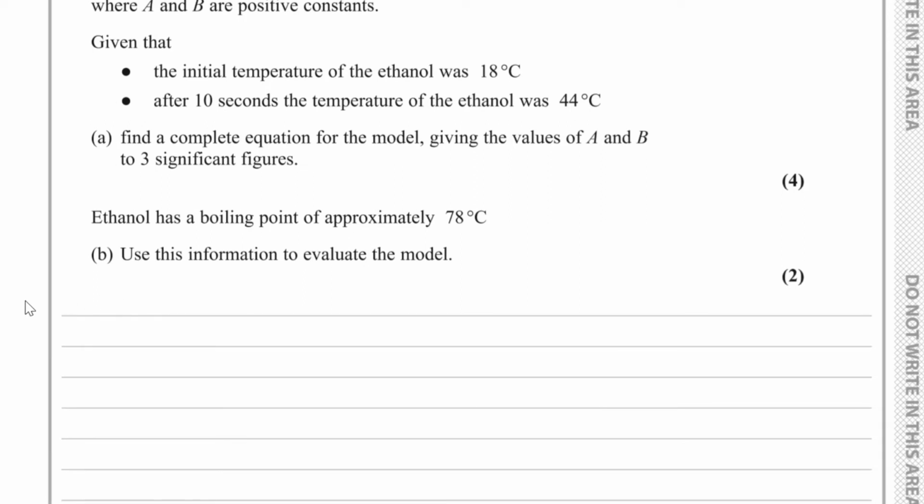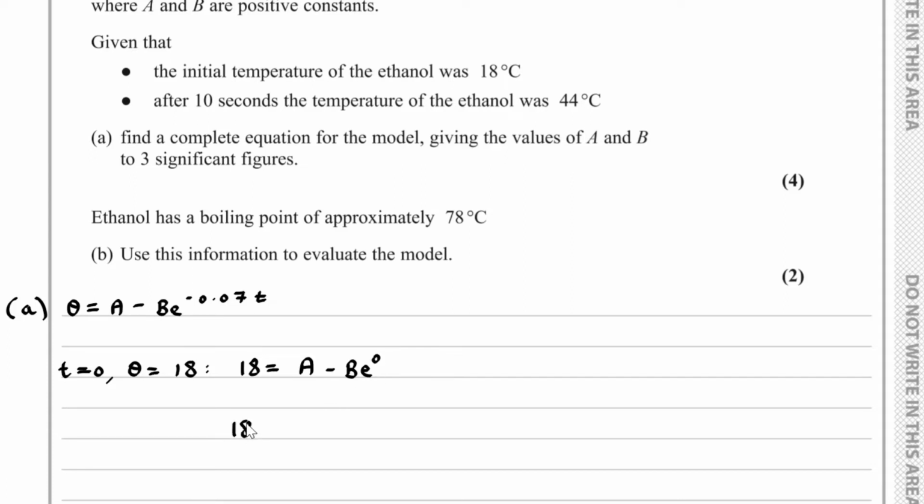So we begin over here for part A with our equation theta equals A minus B e to the minus 0.07 t. Now, we were told the initial temperature was 18 degrees C, so when t is equal to 0, theta is equal to 18. So, substituting everything in, we have 18 equals A minus B e to the power of 0.